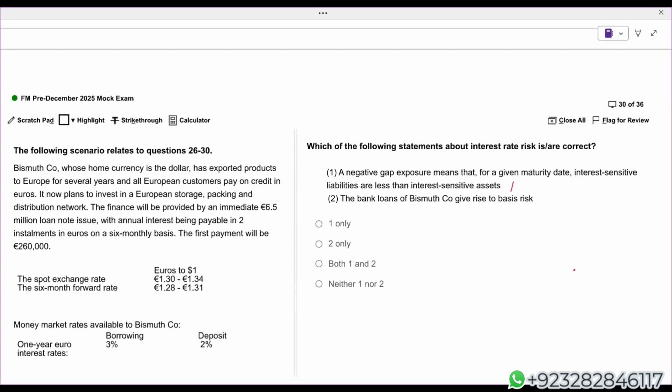So false. The bank loan of Bismuth company gives rise to basis risk. Actually, when you are taking a bank loan at fixed rate, there's no basis risk. You will face basis risk when you are taking a loan at floating rate. So both of them are actually false.